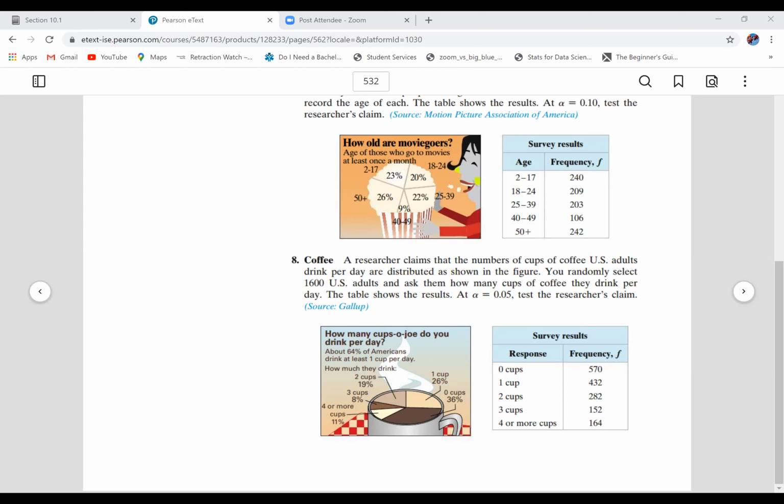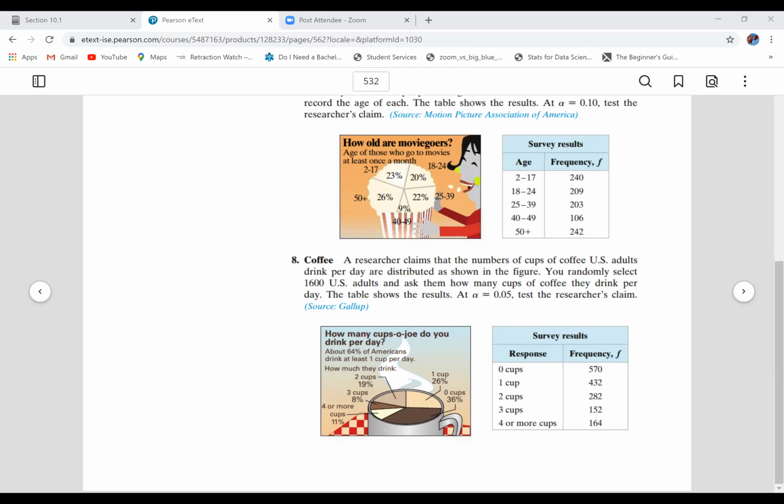And for the next one, 1 cup, 26%. So guys, do 0.26 times 1,600. And put it in L2. The next one is 2 cups, 19%, which is 0.19 times 1,600. It was easier in the previous exercise.